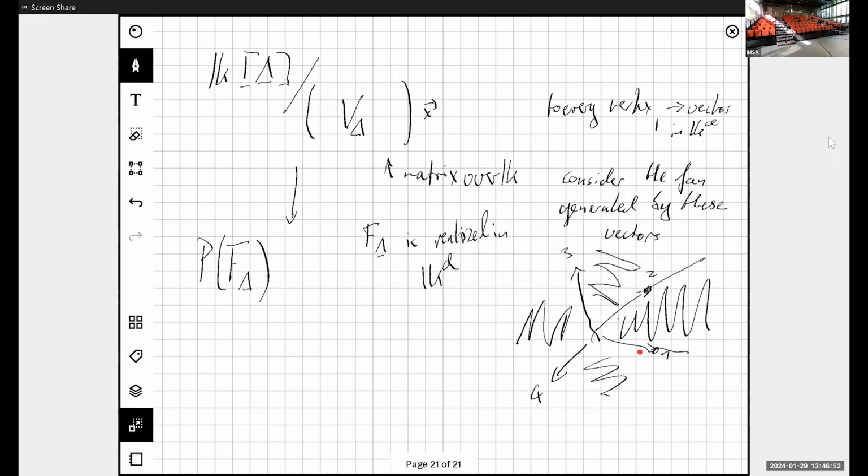So here in the characteristic function, my function attains 1. That's the normalization point. And now I have a natural map.